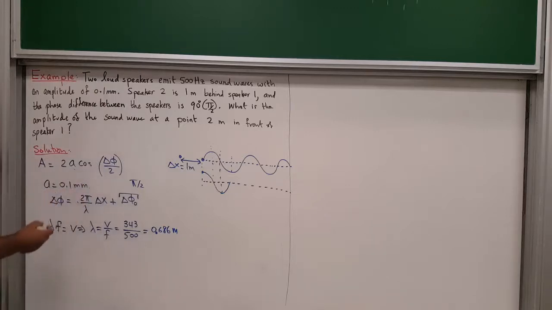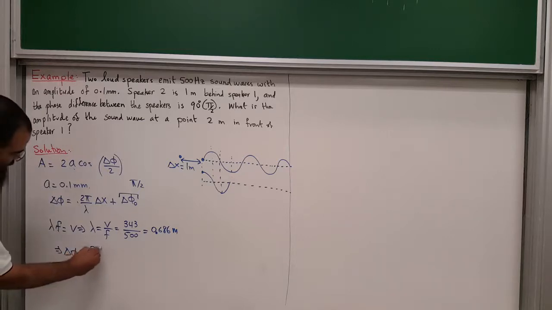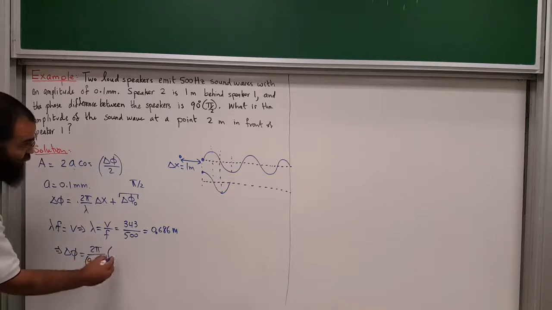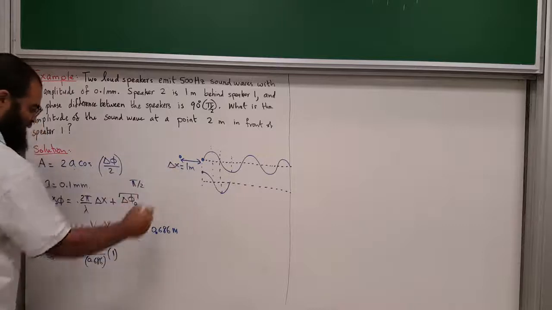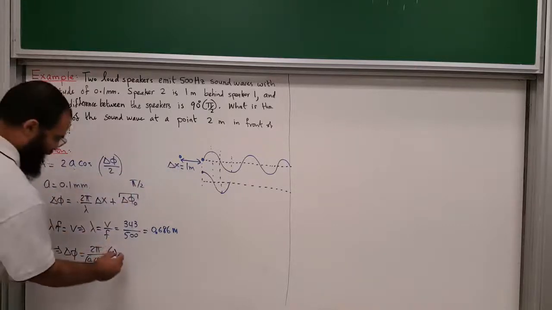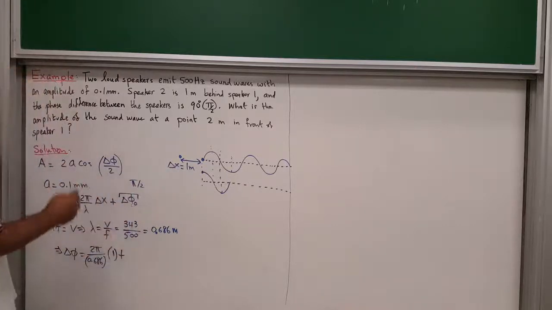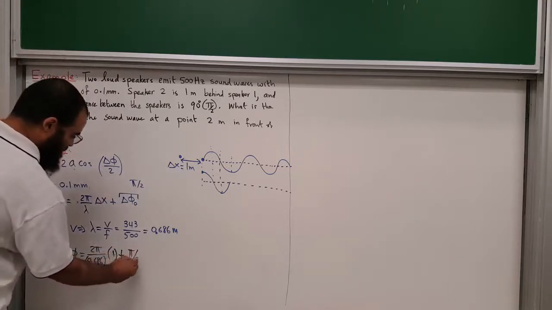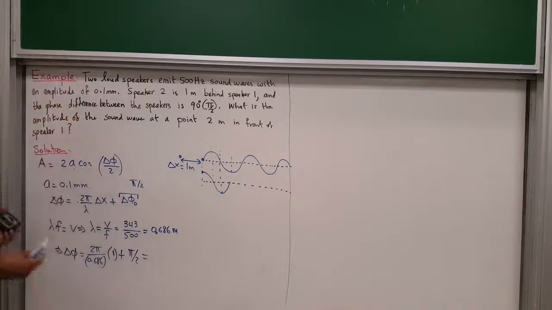Now we're ready to calculate this amplitude. Actually, let's calculate delta phi first. Delta phi will be 2 pi divided by lambda, which is 0.686, times delta x, which is 1 meter, plus phi 0. Don't plug in 90 degrees. We're working everything in radians, so pi over 2. And how much do we get?